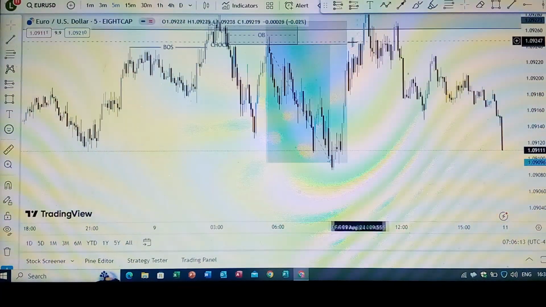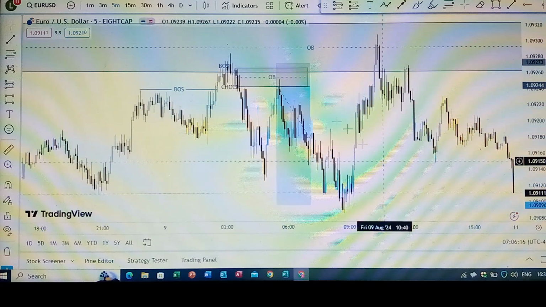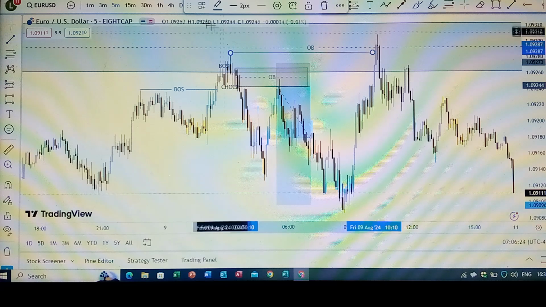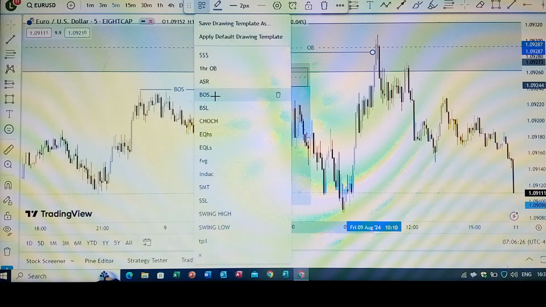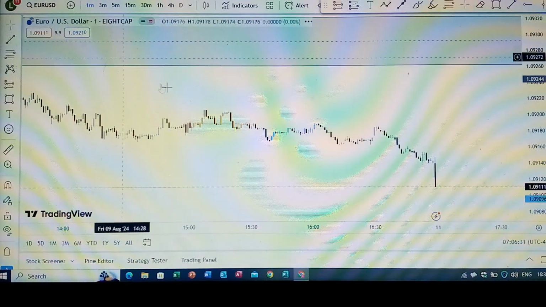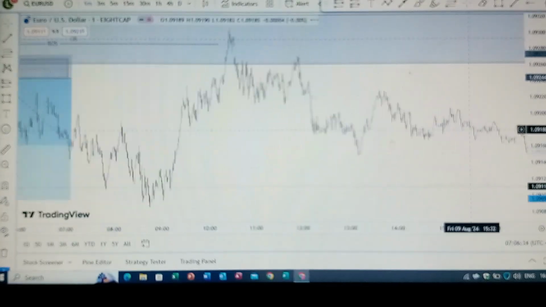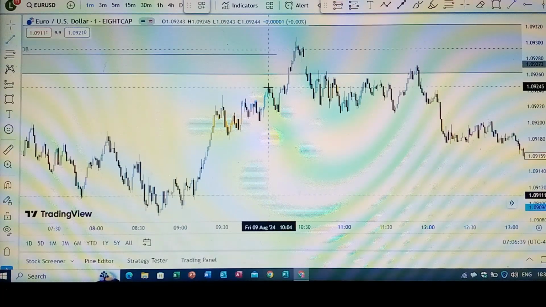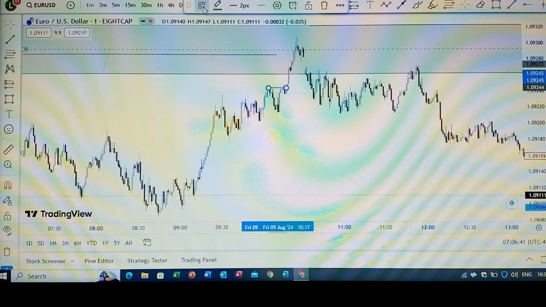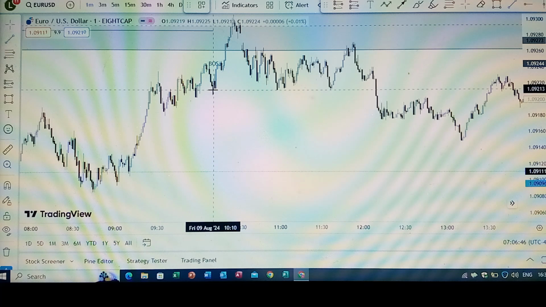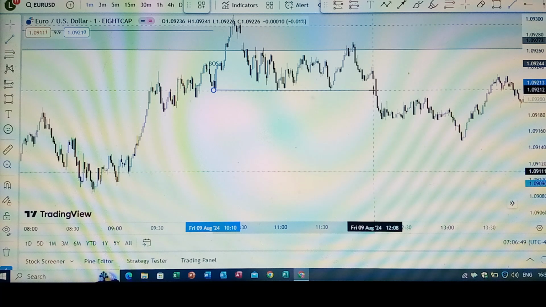So after that, what did price do? Price went ahead and broke structure again. So we have a breaker structure again, and if you go down to the 1-minute time frame, you'd see that we have this breaker structure, and we have this change of character.